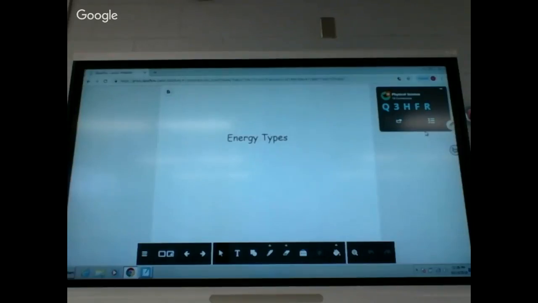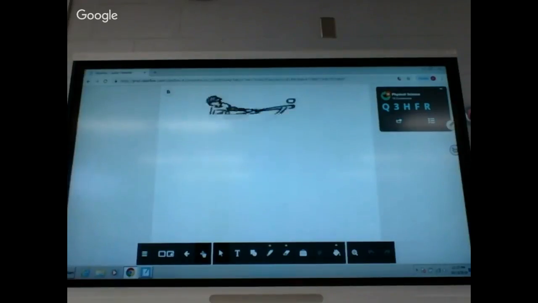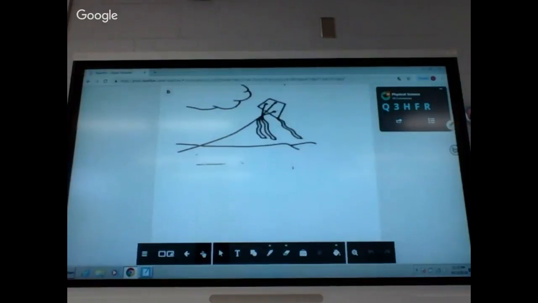Here, see if this will help you in your disrespect to computers. All right. So we're going to see if we can figure out how to do energy types.